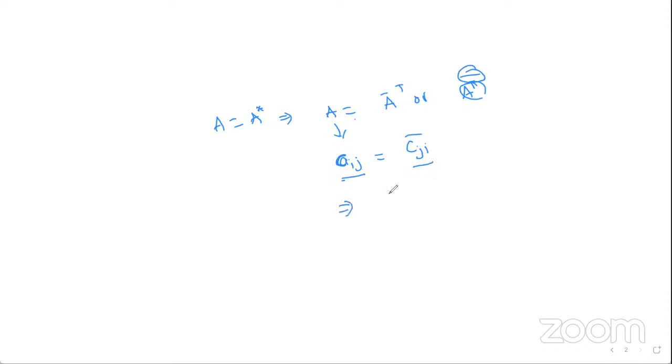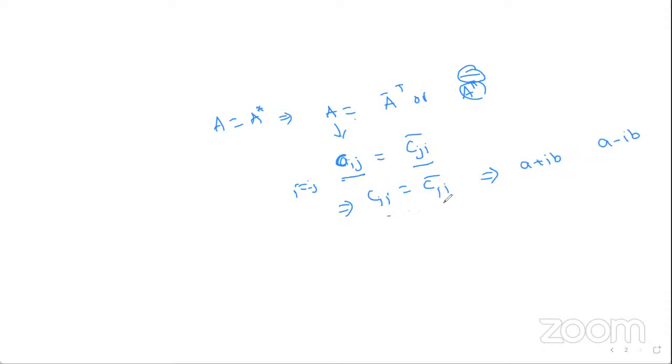What about the case of i equals j? Cii should be equal to Cii conjugate. Generally a complex number is of the form a plus ib, and its conjugate is a minus ib.